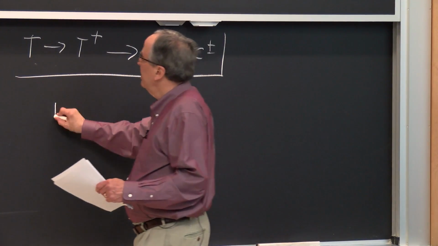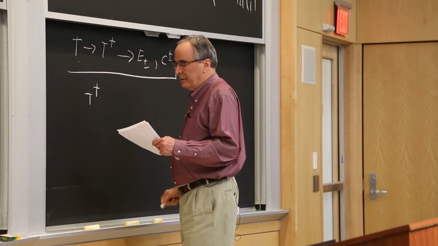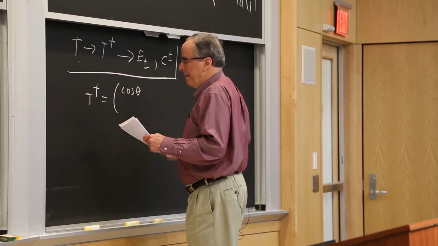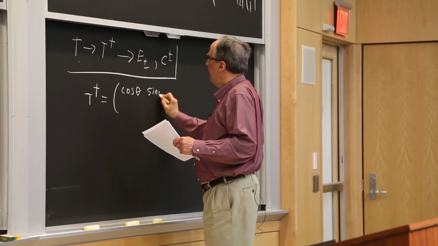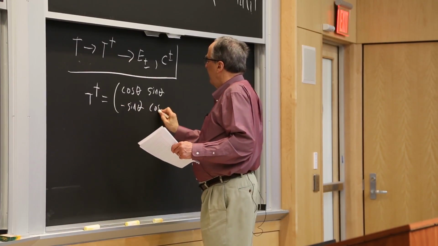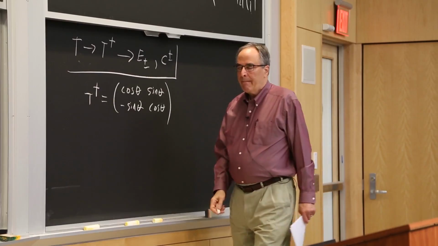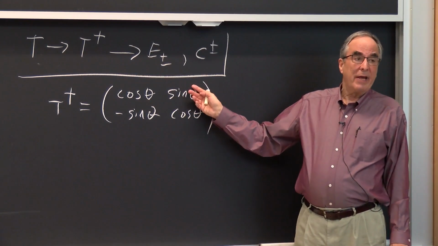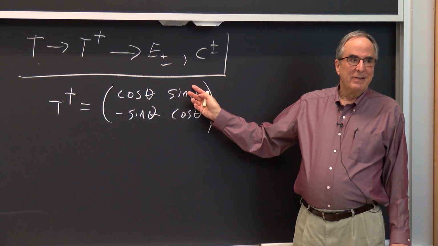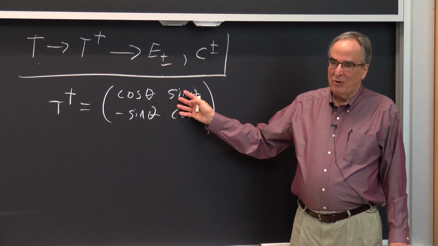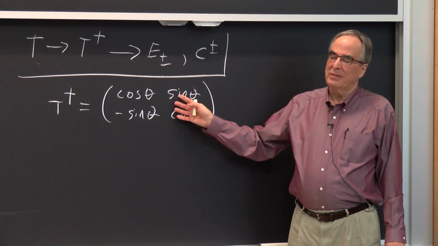I'm going to call it, so T dagger is cos theta, sine theta, minus sine theta, cos theta. So this is a matrix which is determined by one thing, theta. We want to find what theta needs to be in order to diagonalize the matrix.